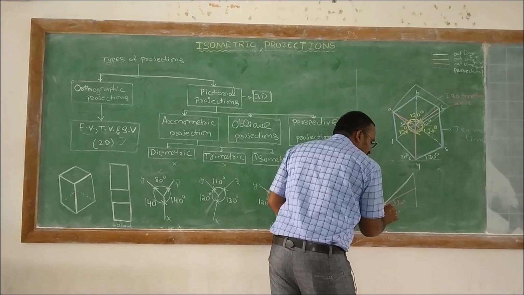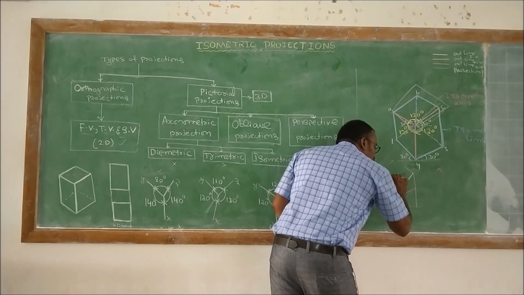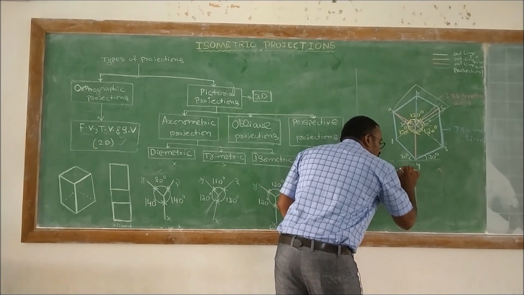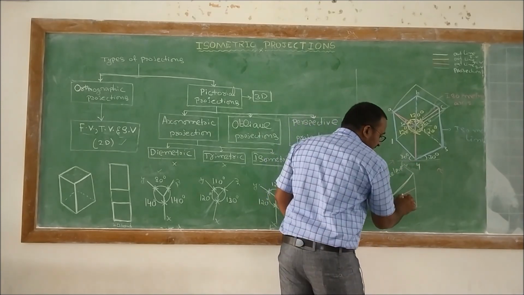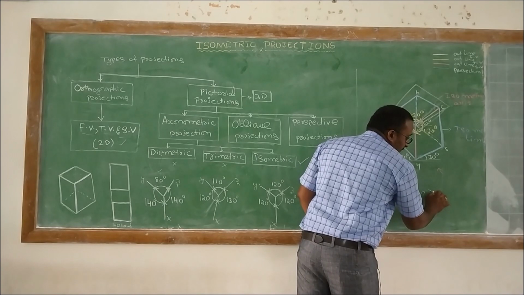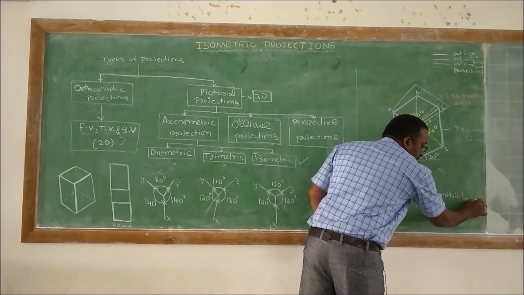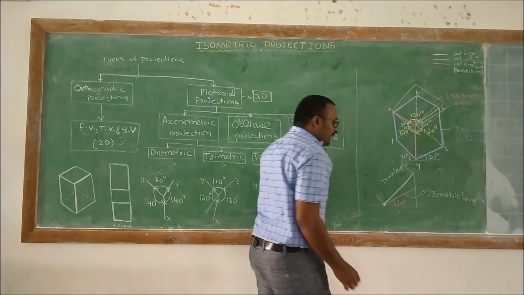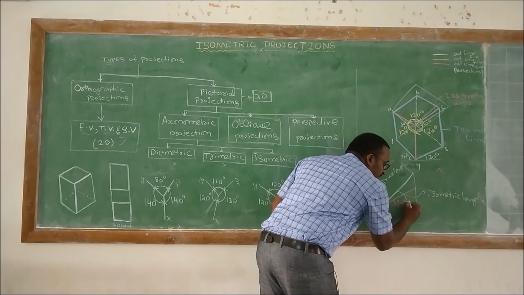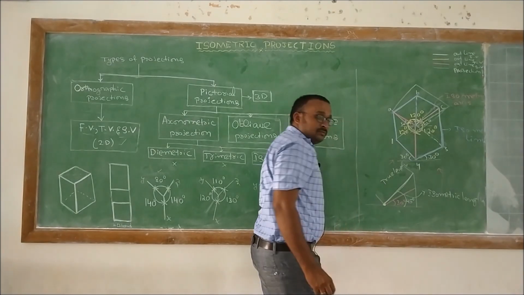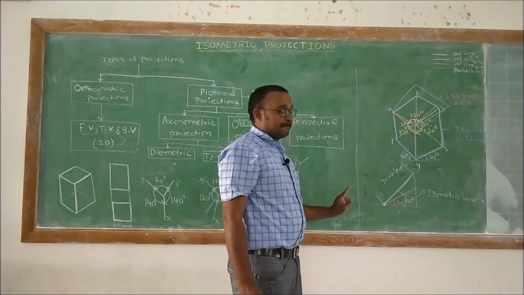So here it is the actual true length of the given problem. But here this is the isometric length. Here the true length will be at an angle of 45 degrees to the ground, so the isometric length will be the reduced length, right?